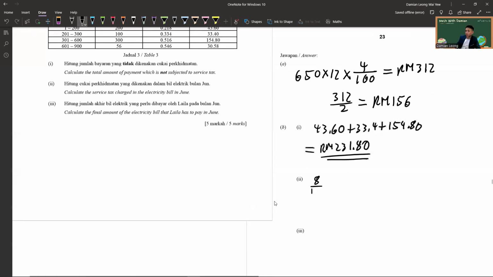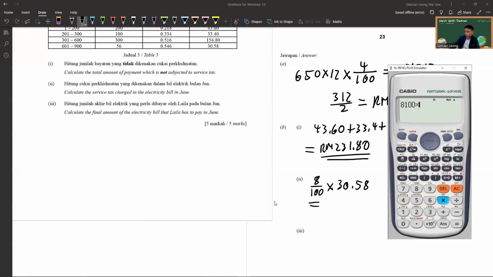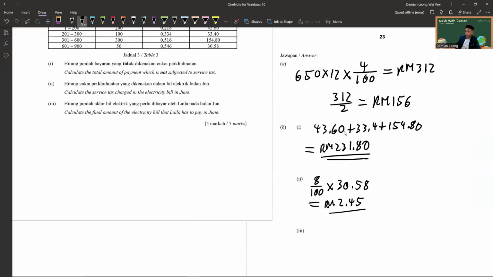So it's just 8% of the amount exceeding 600 kilowatt hours, which means the 30 ringgit 58 cents. So 8% of 30 ringgit 58 cents is 2 ringgit 446, so 45 cents.